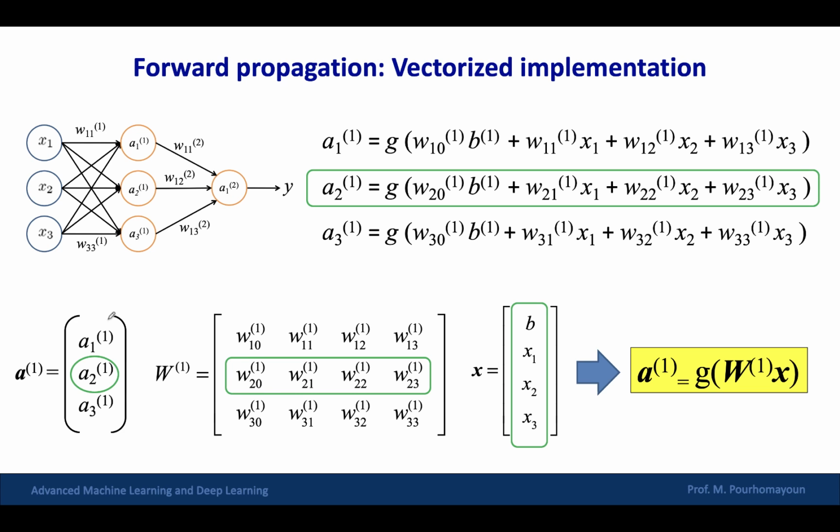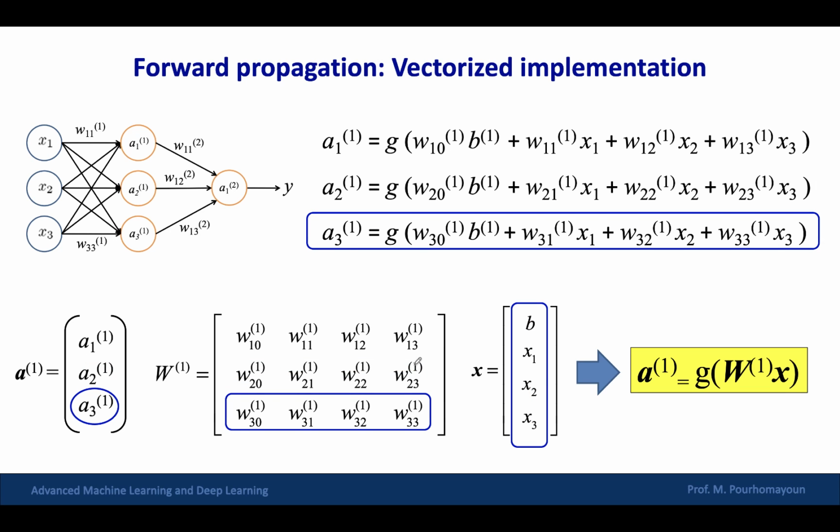Okay, similarly for the next row. So the second row multiplied by this column gives me the second element, and here is the equation. And similarly for the third one, the third row element-wise multiplication with this guy will give me the third element of this.